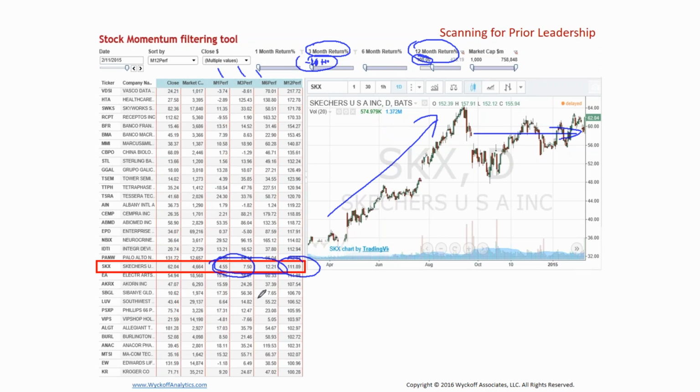You're not looking for the progression. You're looking for the consolidation to find points of entry. Skechers was one of those stocks that fell into this on the particular day as I was doing this scanning. This particular stock came up, and we're going to use it for some of the ideas here.